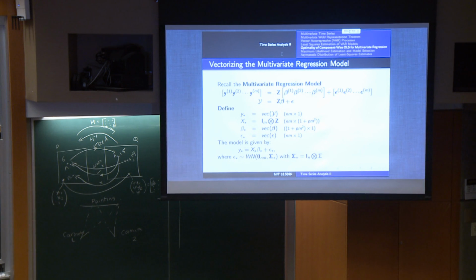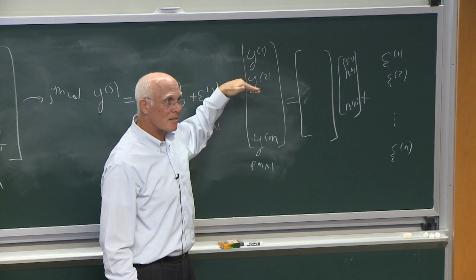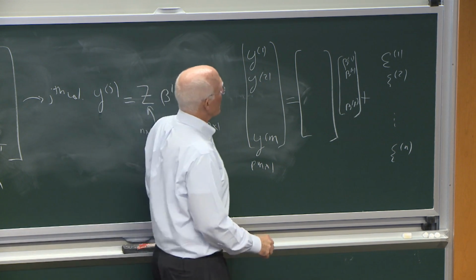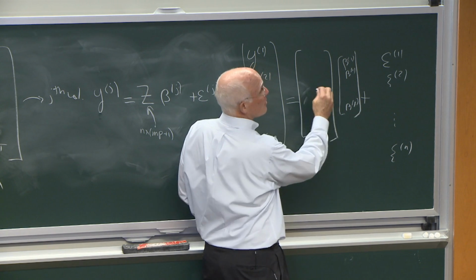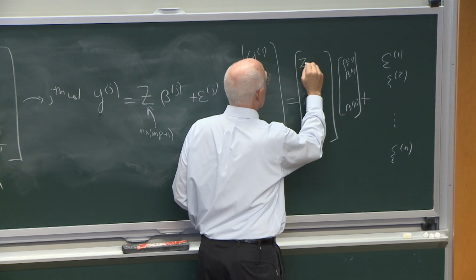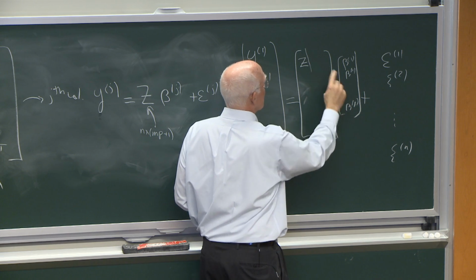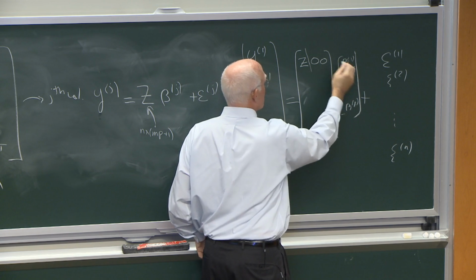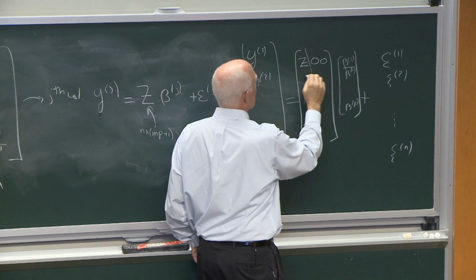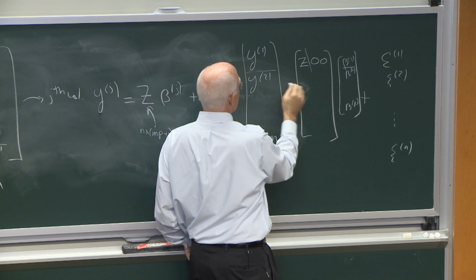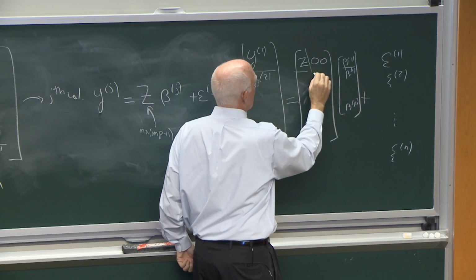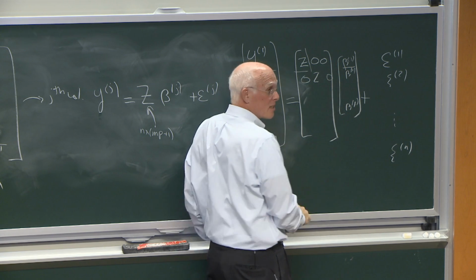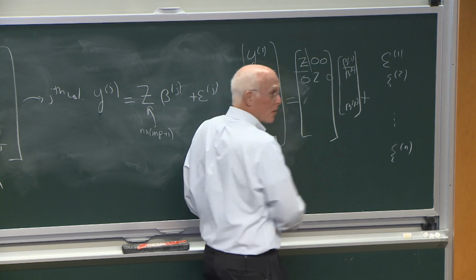And then in order to define this sort of simple univariate regression model, we need to have a z in the first column here corresponding to beta 1 for y1, and then zeros everywhere else. In the second block, we want to have a z in the second off diagonal with zeros everywhere else, and so forth.